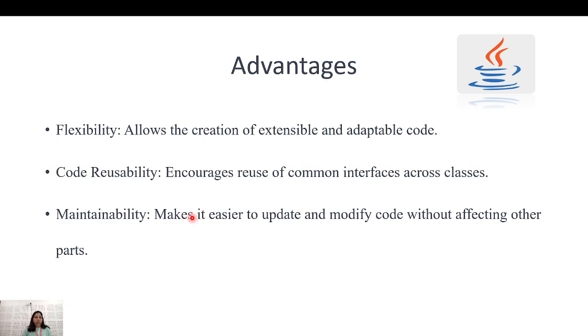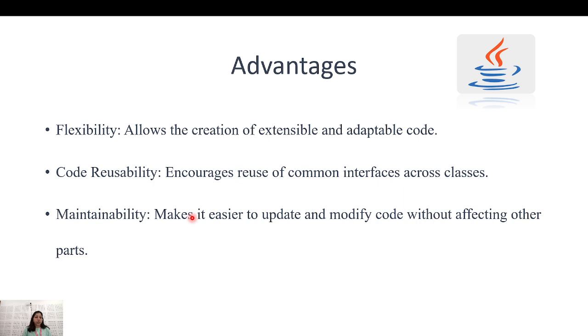Now we will see what the advantages of this are. It provides flexibility, which allows the creation of extensible and adaptable code, and code reusability. As we are reusing the code, we don't need to rewrite it. It encourages the reuse of common interfaces across the classes.